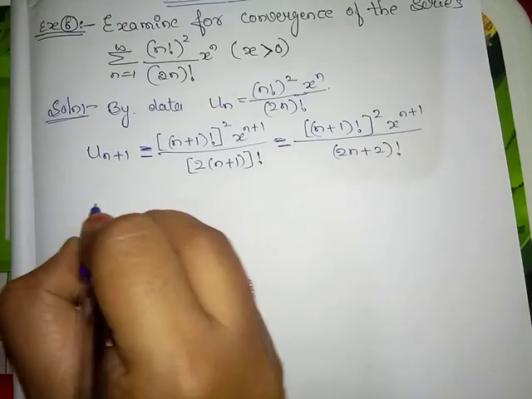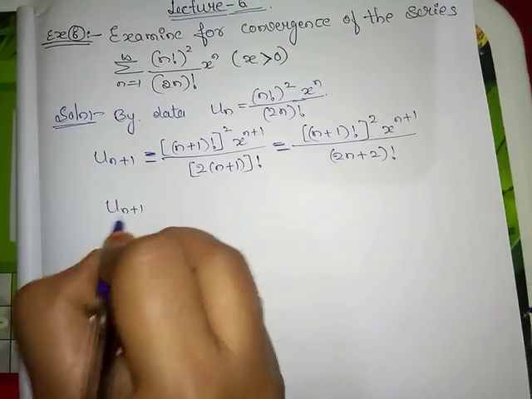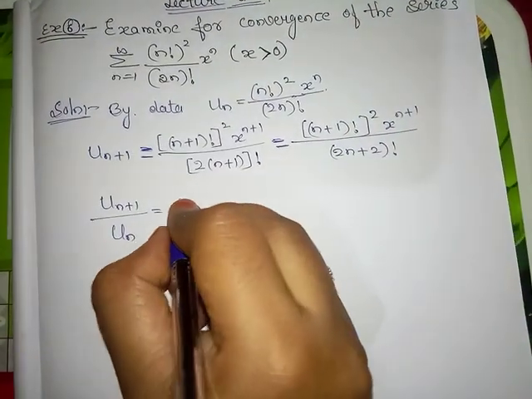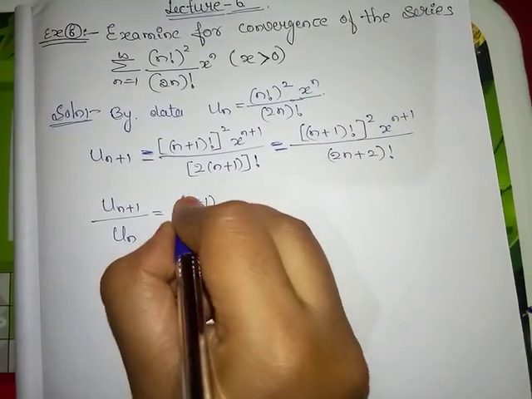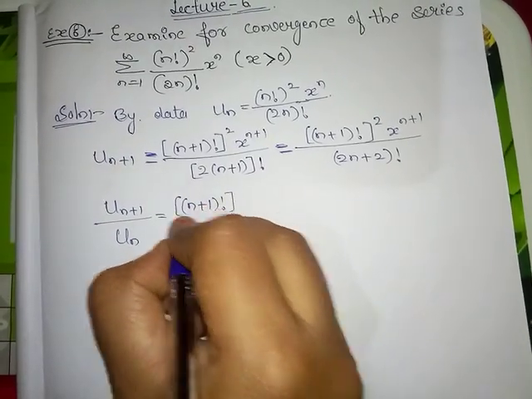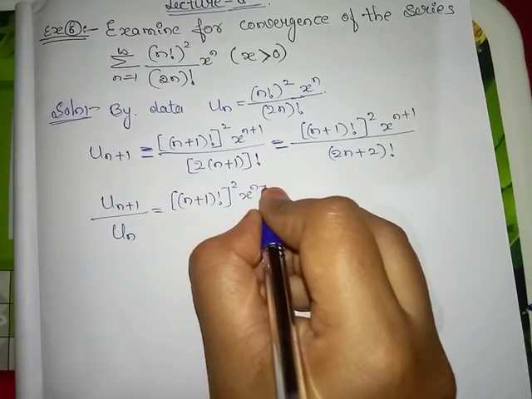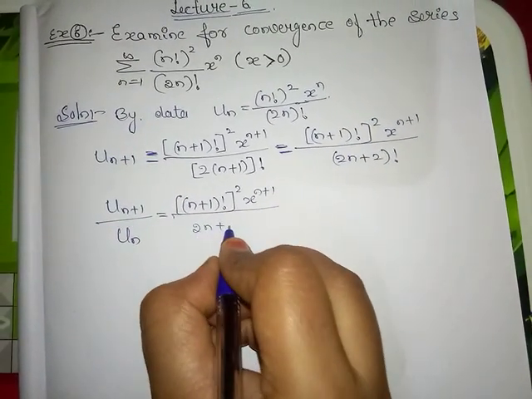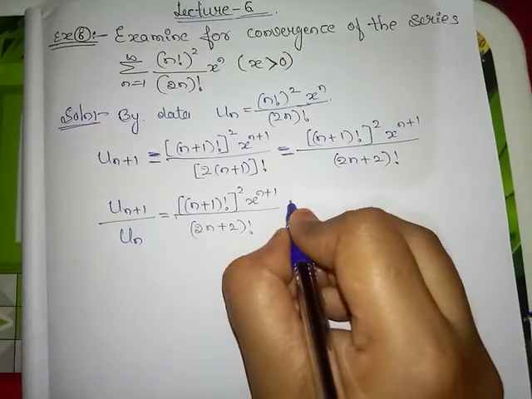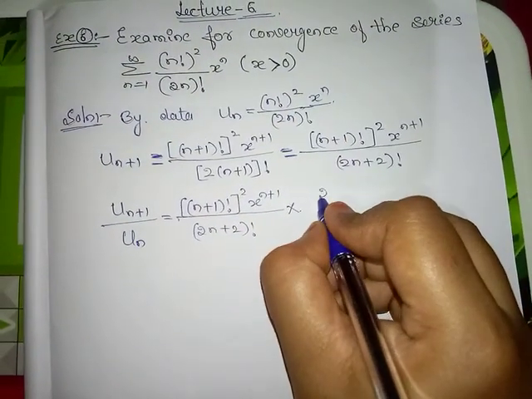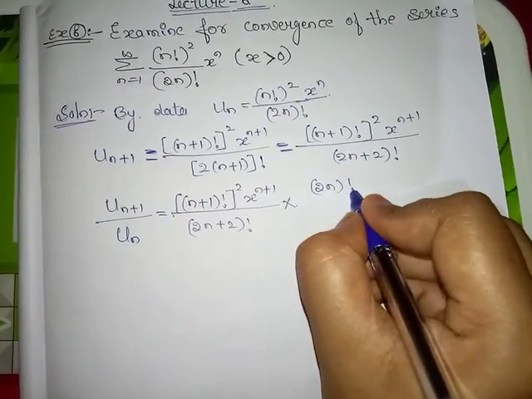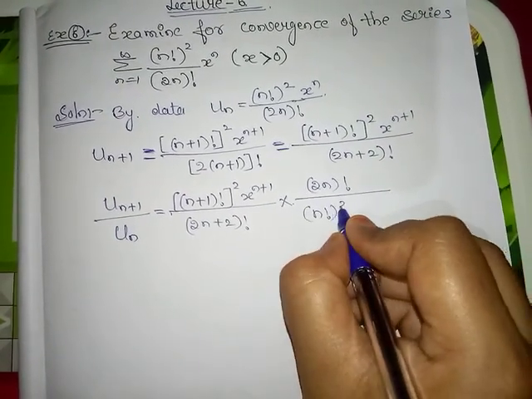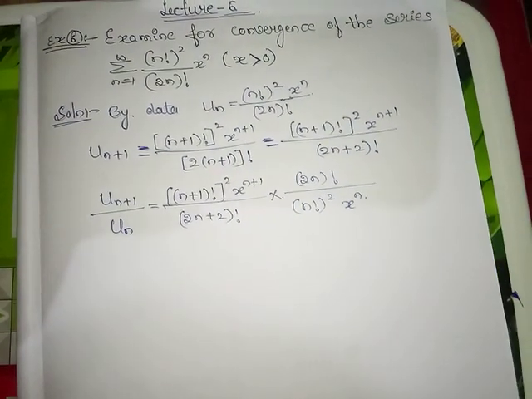Then un plus 1 divided by un is equal to n plus 1 factorial whole square x raised to n plus 1 divided by 2n plus 2 factorial into 2n factorial divided by n factorial square into x raised to n.